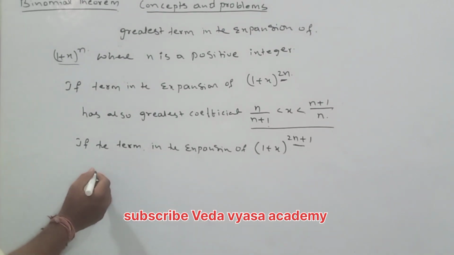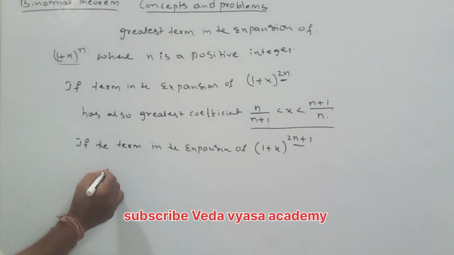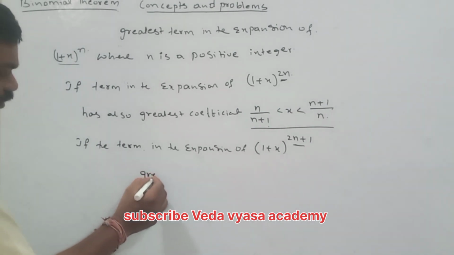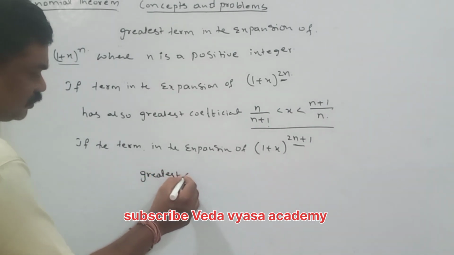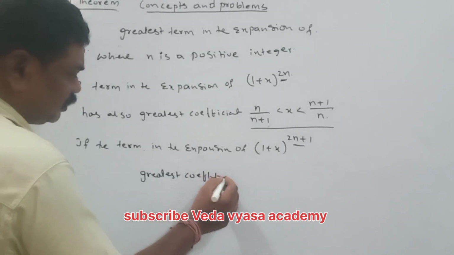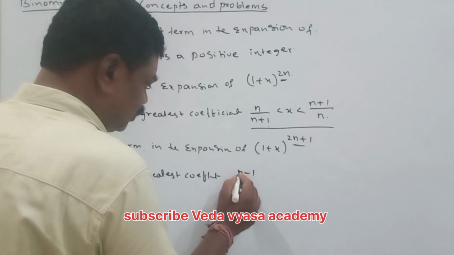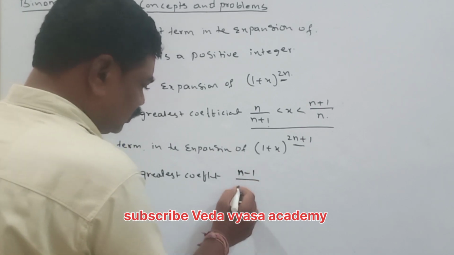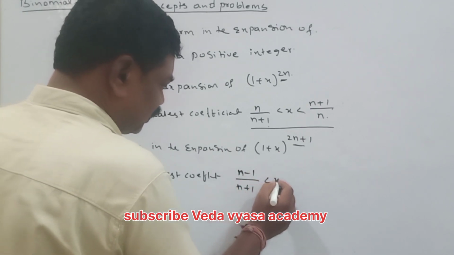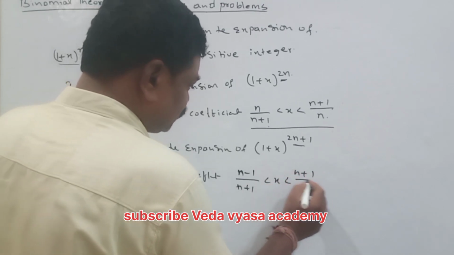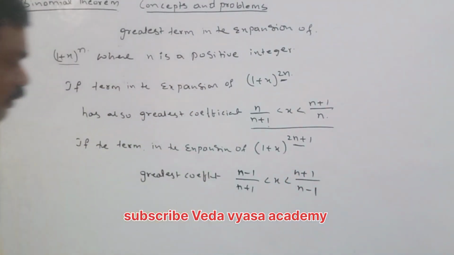So it has also greatest coefficient in between (n minus 1) by (n plus 1) less than x less than (n plus 1) by (n minus 1).